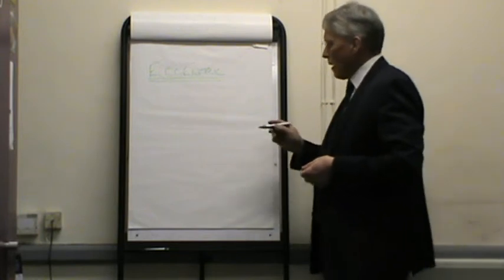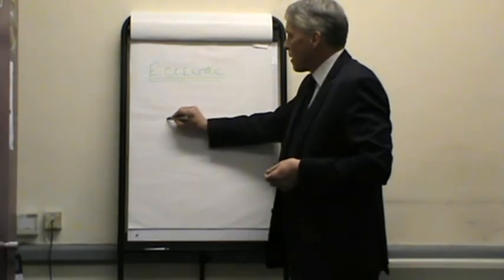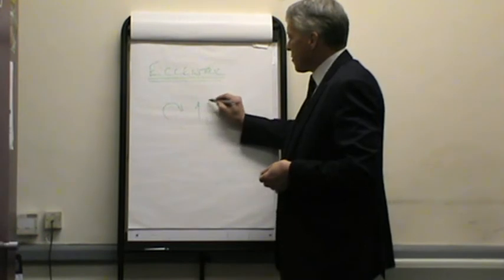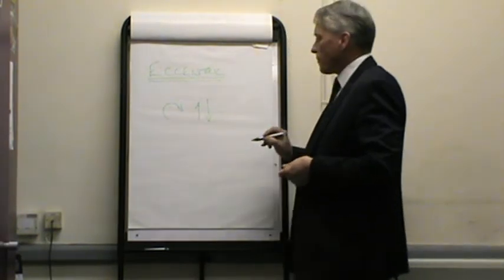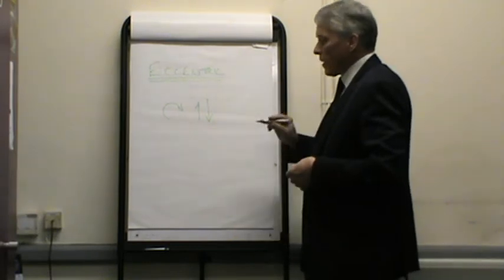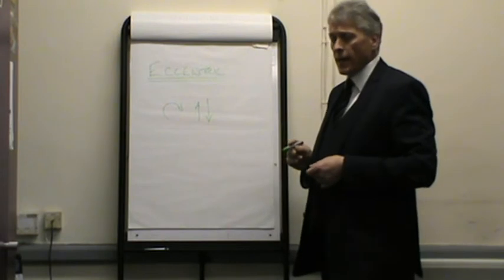Now, if we think about engines, in an engine there's very often a need to convert a rotary motion to a reciprocating motion. And there are many different ways of doing that. One of the old-fashioned ways of doing it was to use an eccentric.